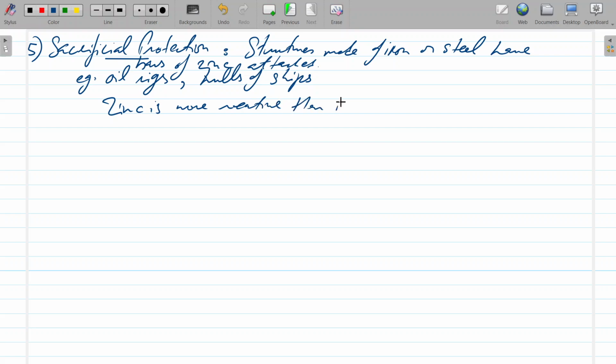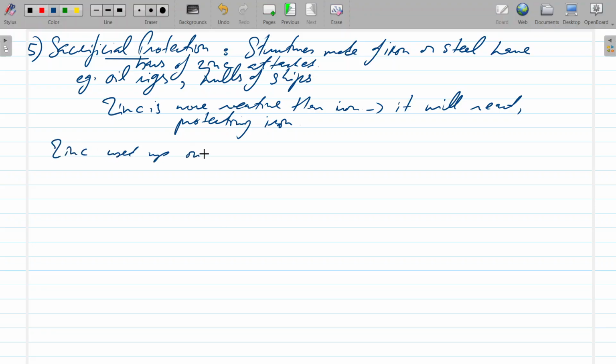than iron, same concept as we just covered, it will react, protecting the iron. But what happens is the zinc does get used up over time, and so it needs to be replaced or replenished.